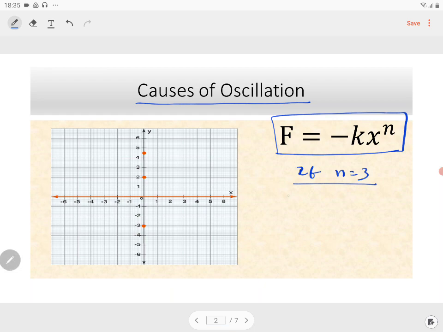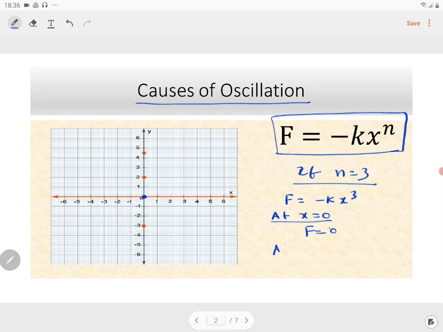If n is equal to 3, the force acting on the particle is -kx cubed. Now I place that particle at x = 0. At x = 0, the force is 0. That is called the equilibrium point or mean point. The point where the force is 0 is called the equilibrium point or mean point. Generally, it is the midpoint of the path of oscillation.